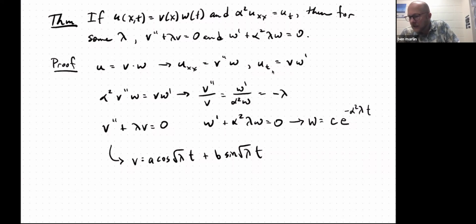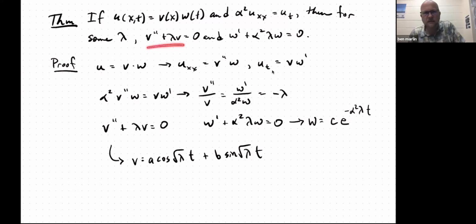And the theorem is that there's going to be some constant value lambda, so that v double prime plus lambda v is 0, and w prime plus alpha squared lambda w is equal to 0. In other words, that presupposition that we could separate it into those two pieces, we're going to be able to find two pieces that that works for, and those two pieces are going to have certain properties.